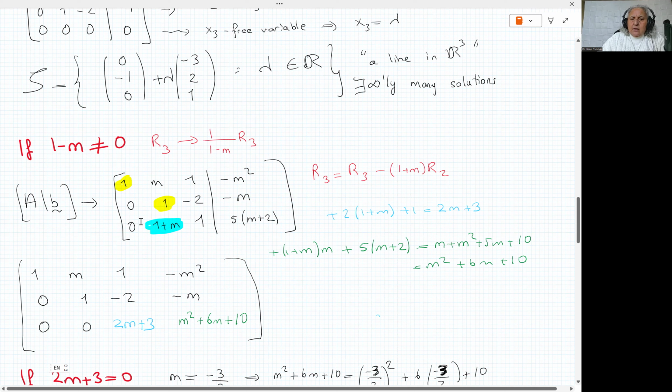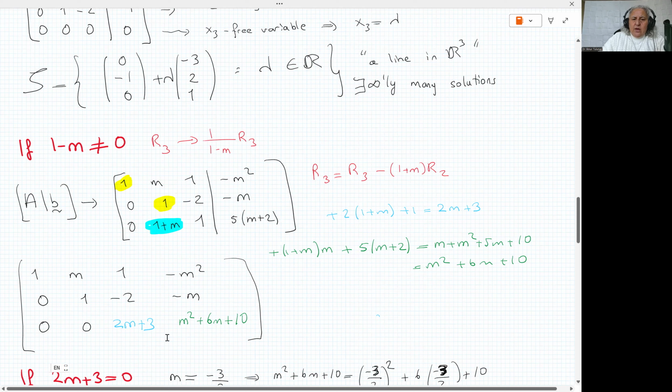Okay, this one, we want this position to be 0. These are the leading coefficients, which are perfectly fine. And these are 0, perfectly fine. Now, next we would like to get this position to be 0. In order to do that, we multiply this row by 1 plus m and add to the third row. That will make this position 0.